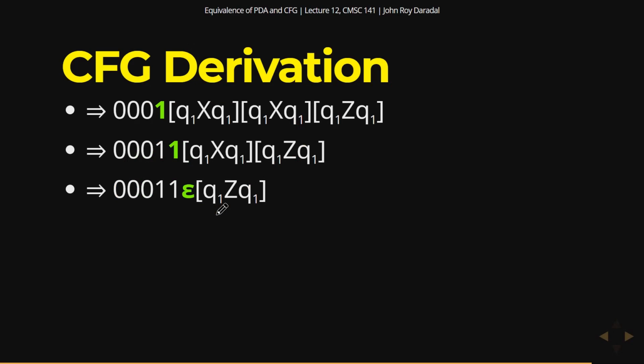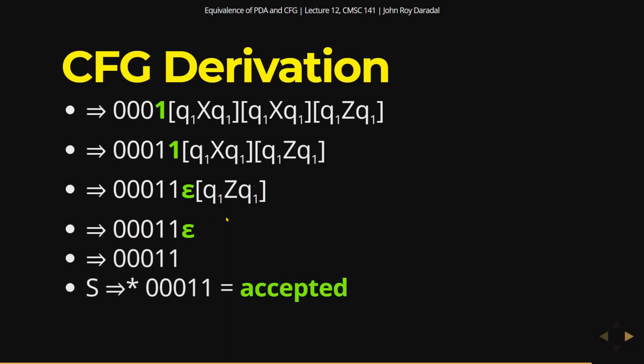The last one. So that also can be replaced with an epsilon, and now we have derived 00011. Okay, so since it was eventually derived, it's also accepted. So it also accepted the string that was accepted by the PDA. So yeah, this is the equivalent CFG from a given PDA.